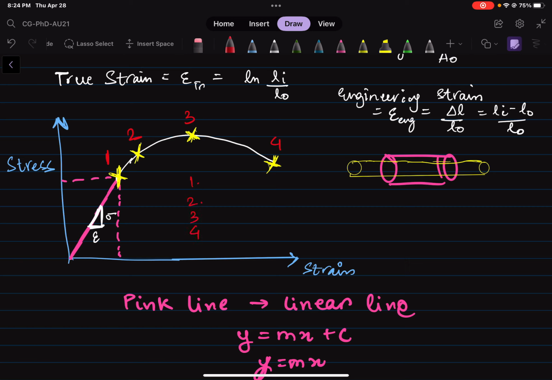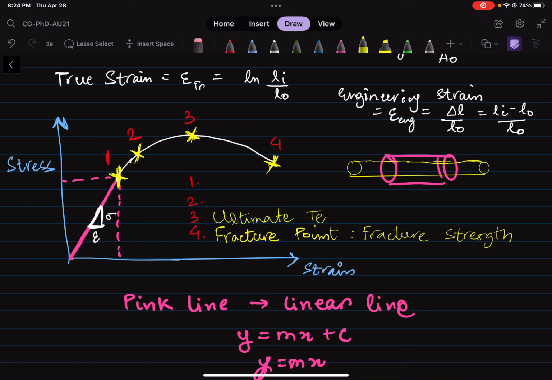Point number 4, the final point of this curve, is the fracture point or the fracture strength. Point number 3, which is the highest, is the ultimate tensile stress.